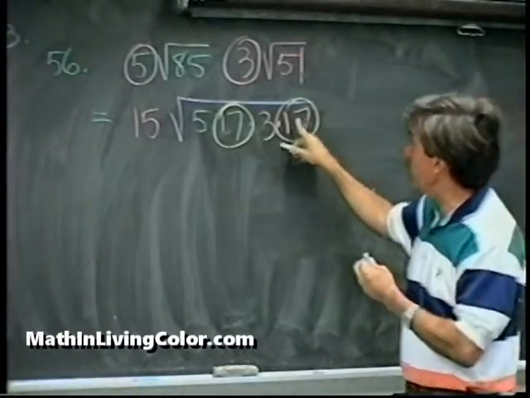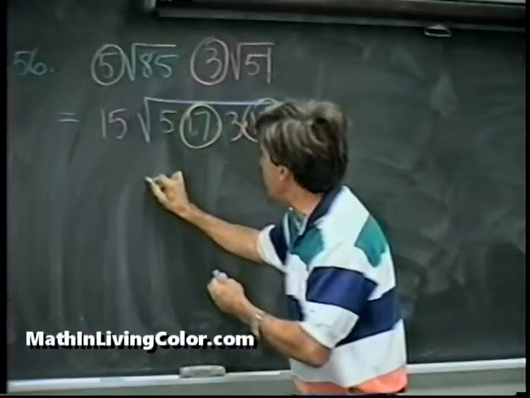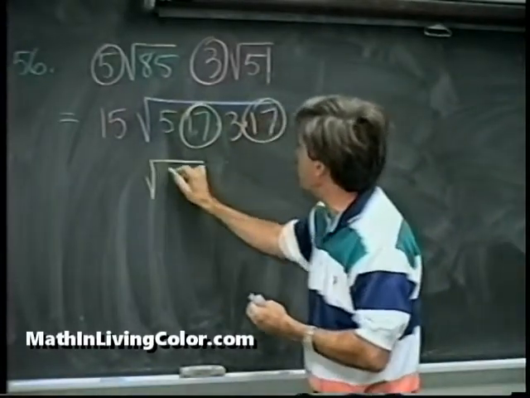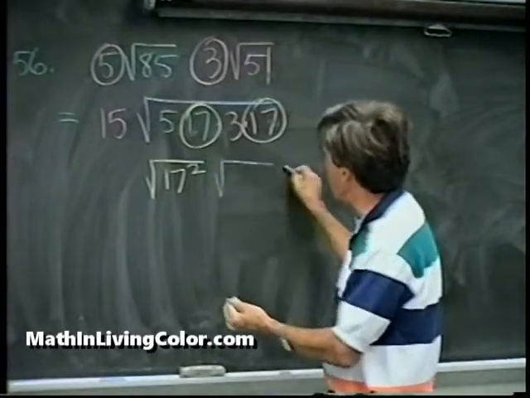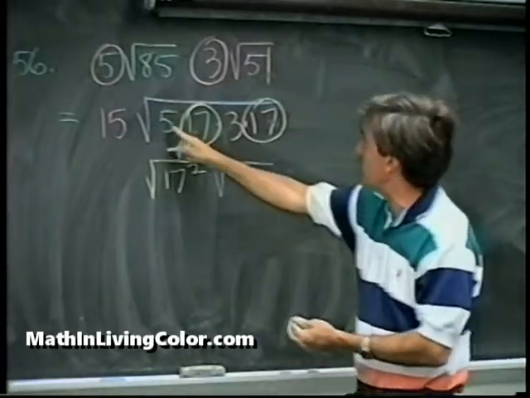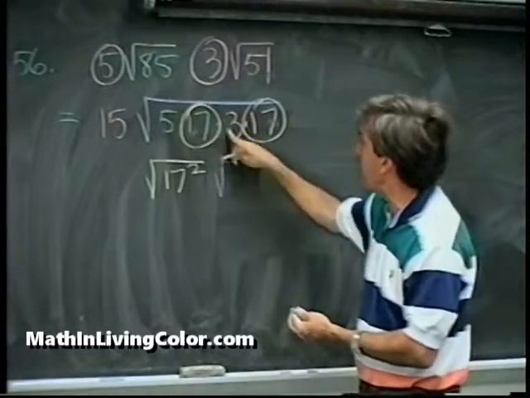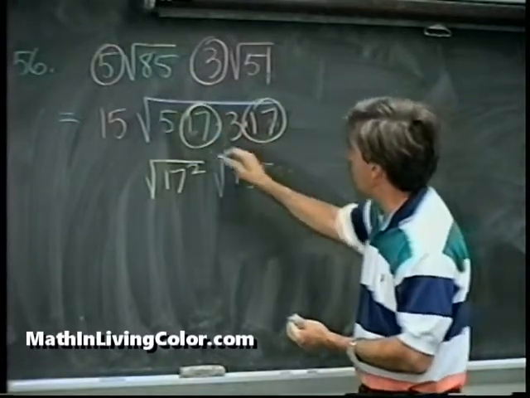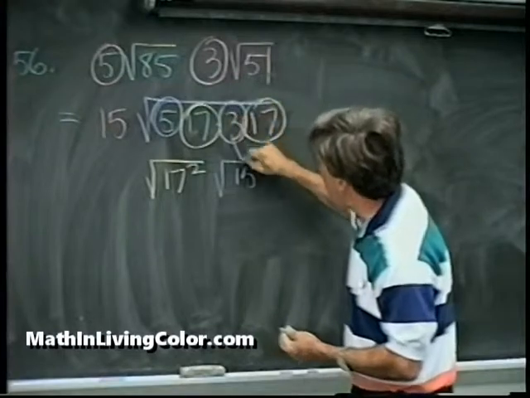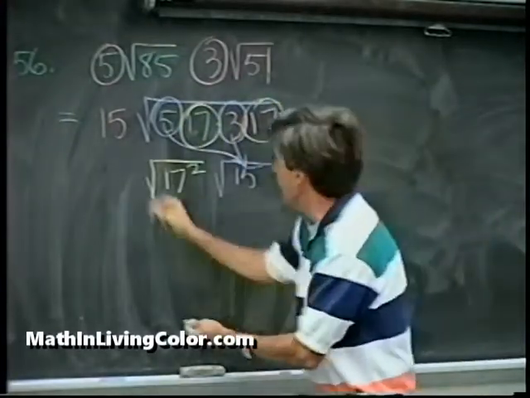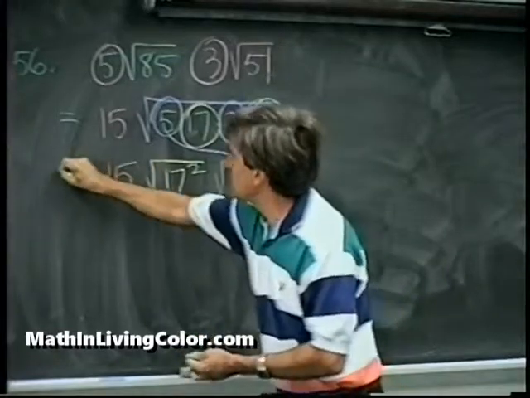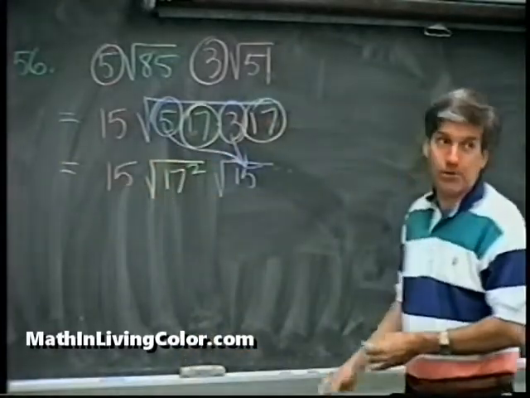So if you need to write a middle step, make it the square root of 17 squared, and then times the square root of the leftover numbers, which would be 3 times 5, which is 15. So this 3, this 5 is where I get the 15, and I've got a 15 for the coefficient. 15 in front of the whole problem.